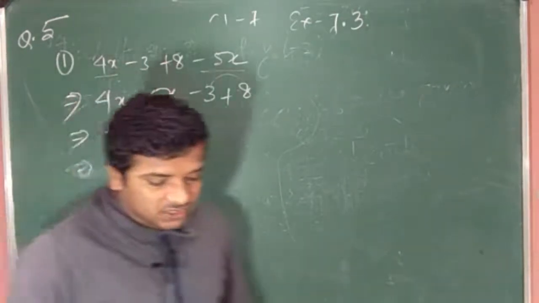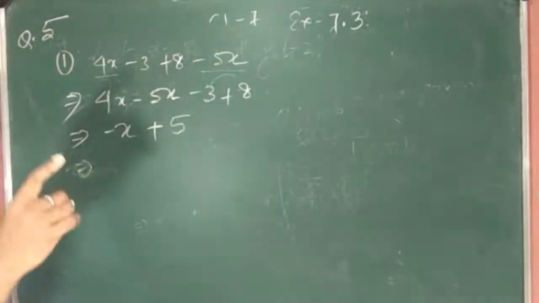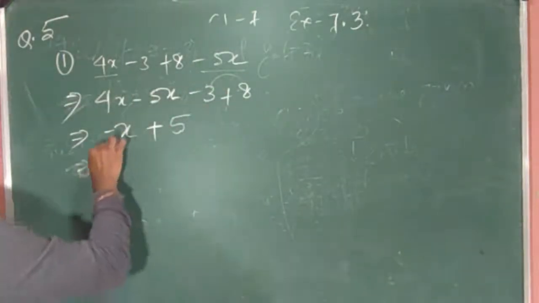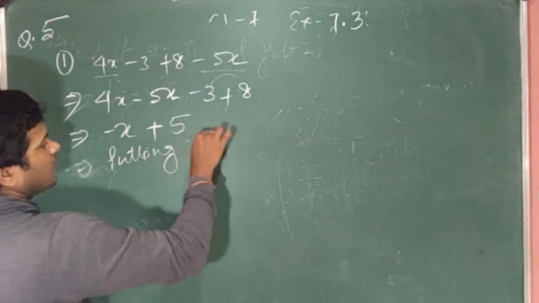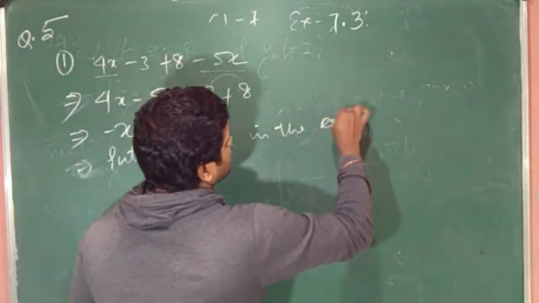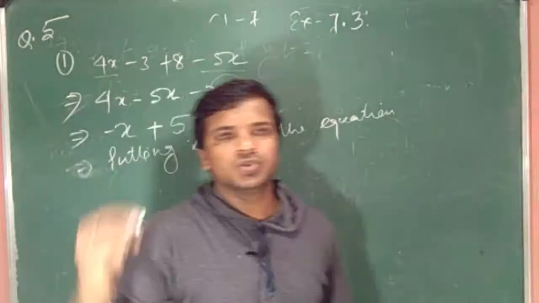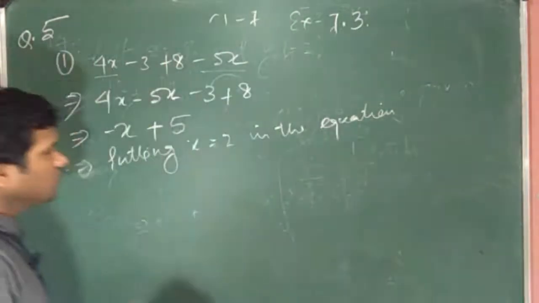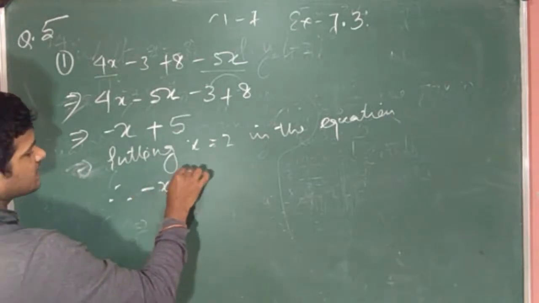Now this is your equation. But in the question it is given that we need to find the value when x is 2. So putting x is equal to 2 in the equation, our equation is minus x plus 5.